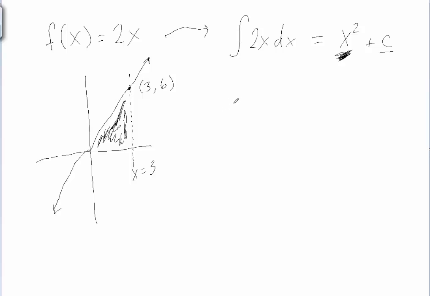Well, it looks like it's a triangle, so 1/2 base times height equals 9. So when x equals 3, area equals 9. Well, that's just 3 squared, or x squared.